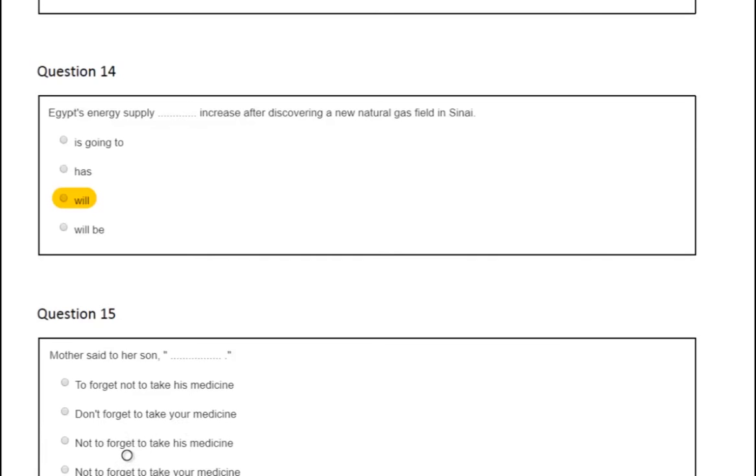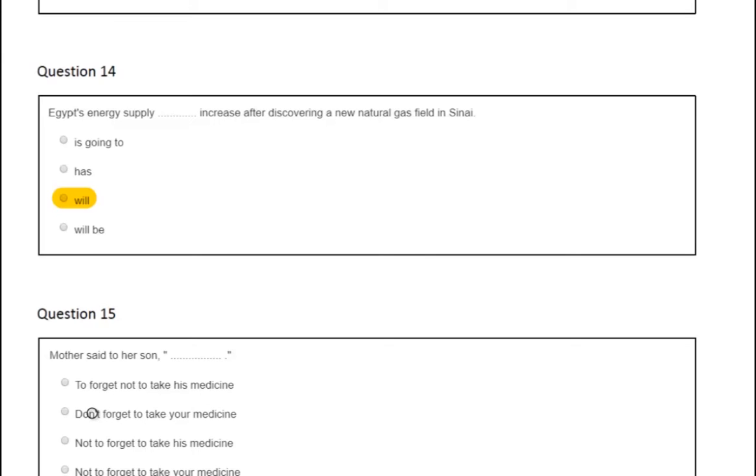If you want to choose the correct option, you must know first what the original sentence was, where they were talking together and she tells him, son, for example, don't forget to. Don't forget to.